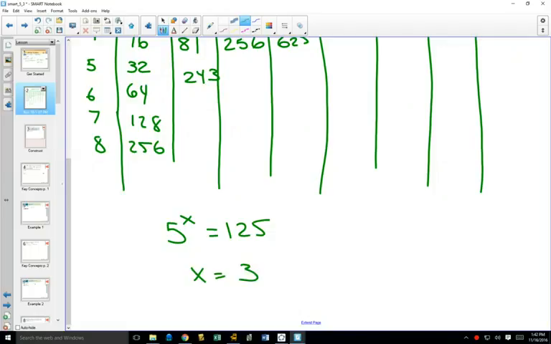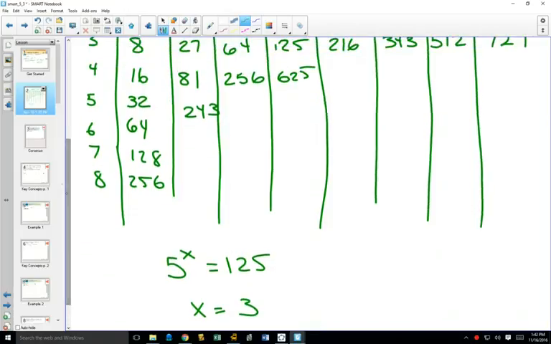A medium one is when something comes from your powers chart, but it doesn't necessarily fall in the same place. So for example, I could have 9 to the x equals 27. 27 isn't in my chart for 9s, right?